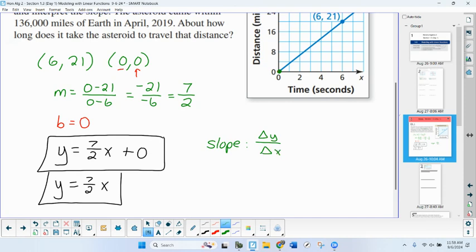That's the Greek symbol delta. Change in y over change in x. That's what that means. Okay, it's rise over run, or y2 minus y1 over x2 minus x1. Change in y over change in x. What did y represent? The distance in miles over the what? Time in seconds.